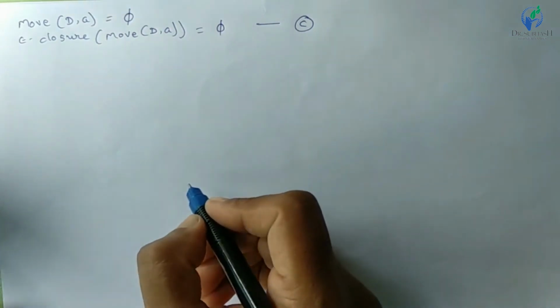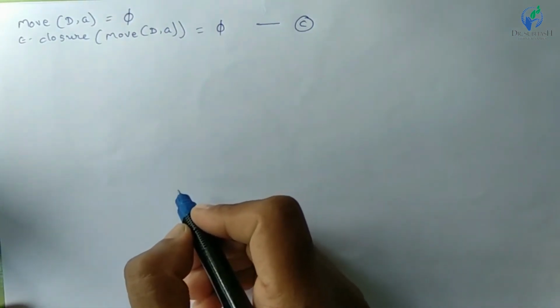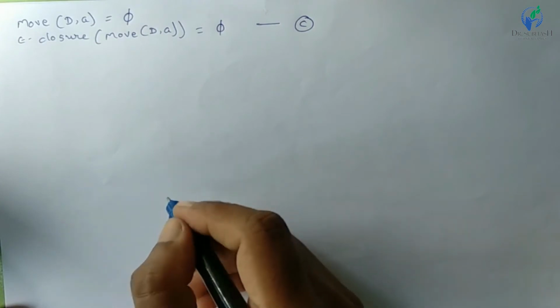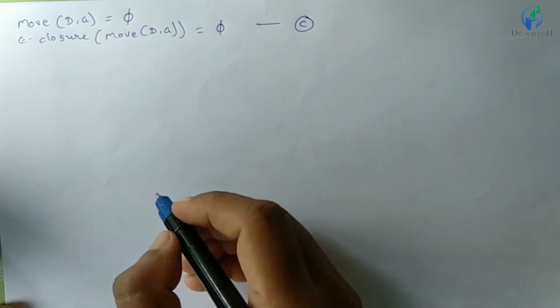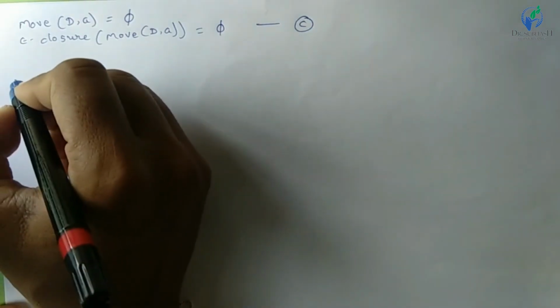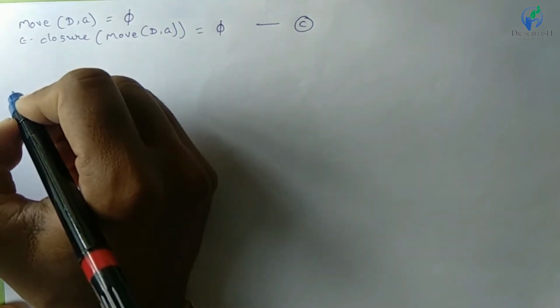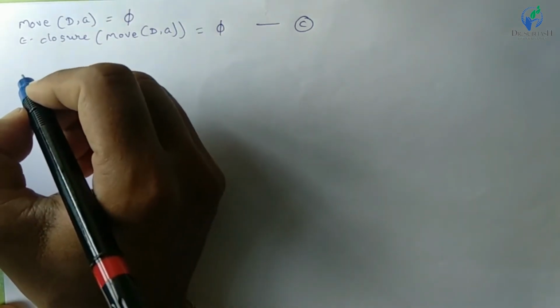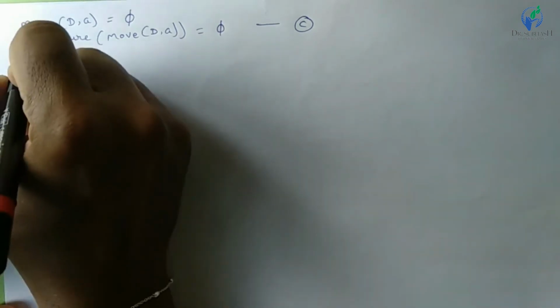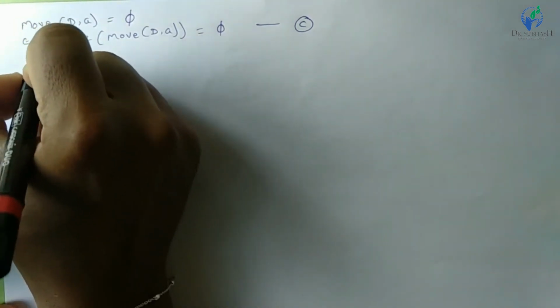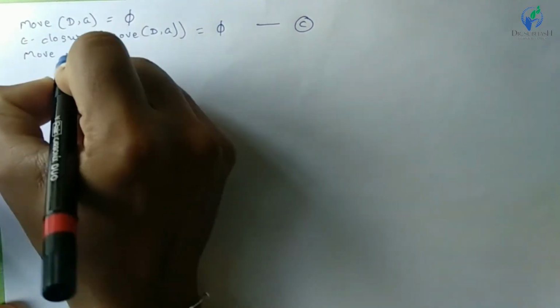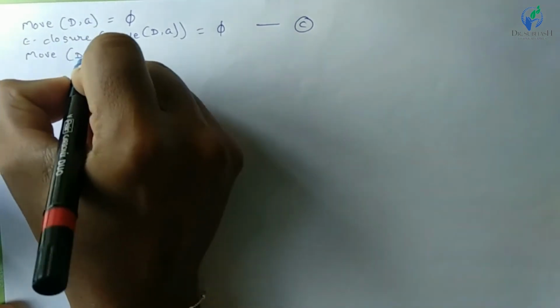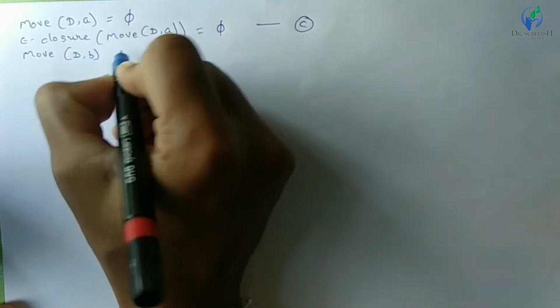Next, find move D to B. From your D state on B input, there is nothing. So move D to B is equal to 5.